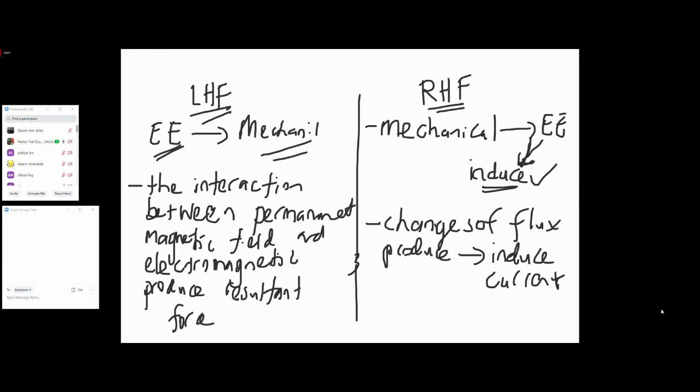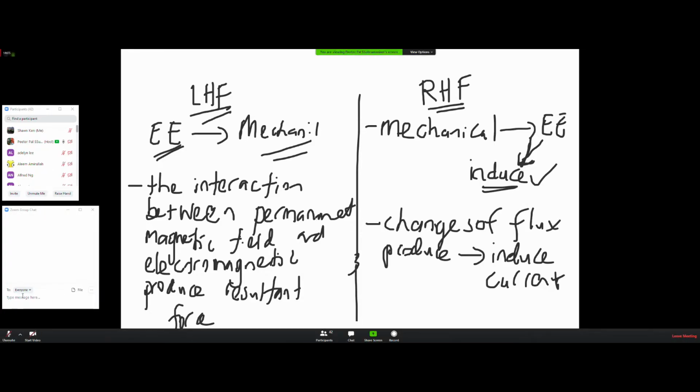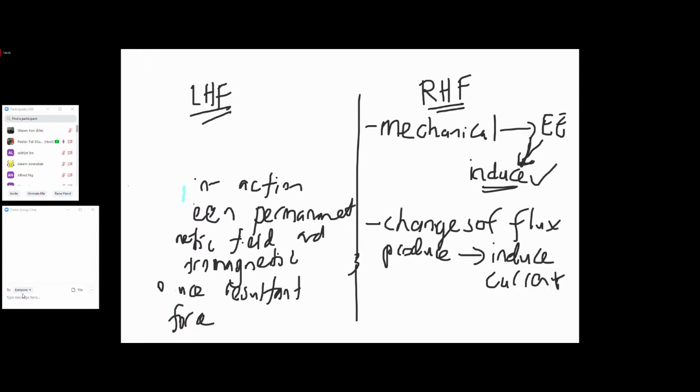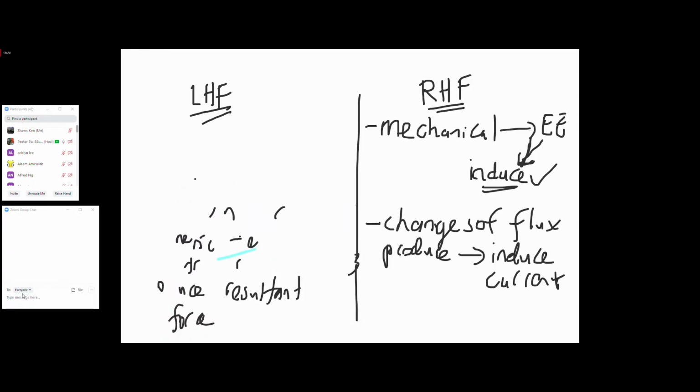Okay, next one. See, left hand and right hand Fleming. The next one to understand here, when we use left hand Fleming rules, it is actually only used for motor. Left hand Fleming rules we use for motor, guys.